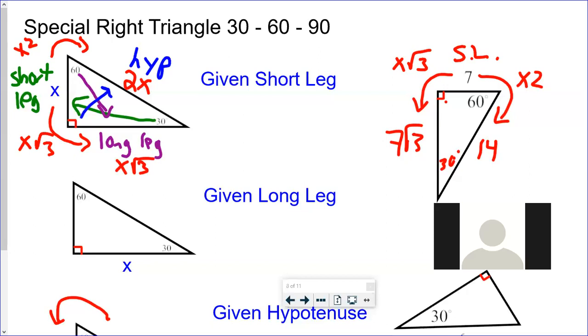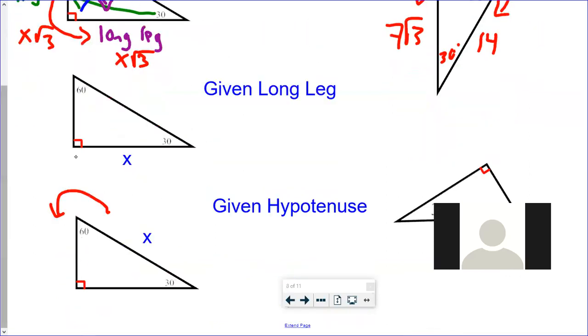So now if I'm given the hypotenuse, what is the opposite of timesing by 2? You guessed it, it's going to be divided by 2. So that's going to make this become x divided by 2. Now you have the short leg. So getting to this guy is going to be easy.